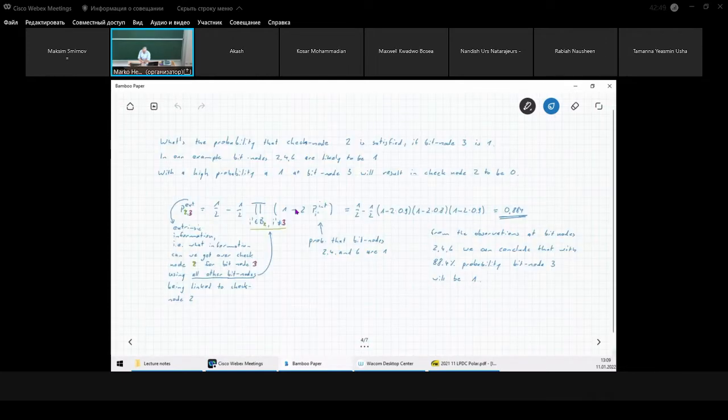This is actually what we can use this kind of equation for. This is this extrinsic probability, the extrinsic information that we can extract over parity check node, over check node 2 for our information bit 3.